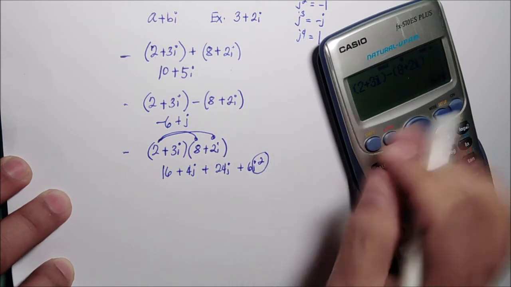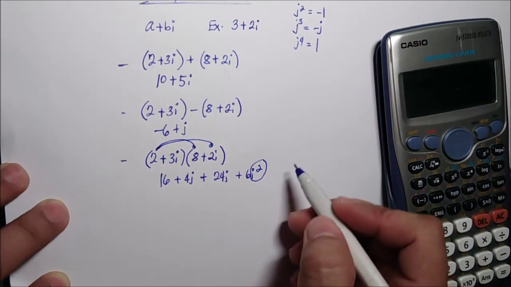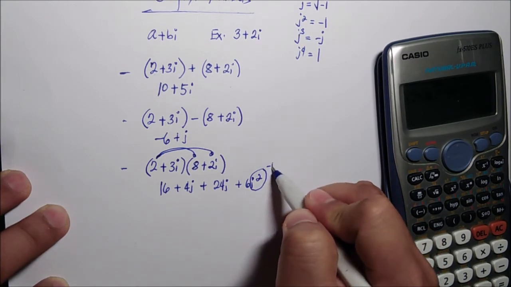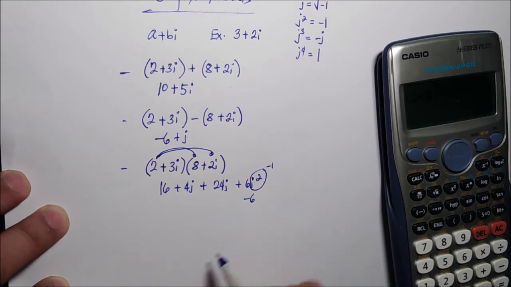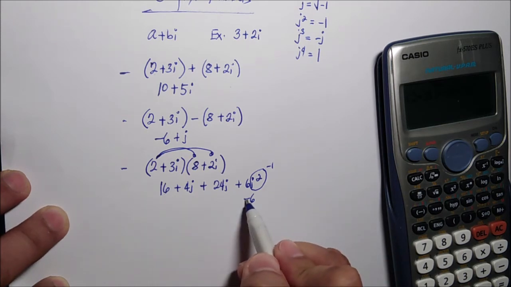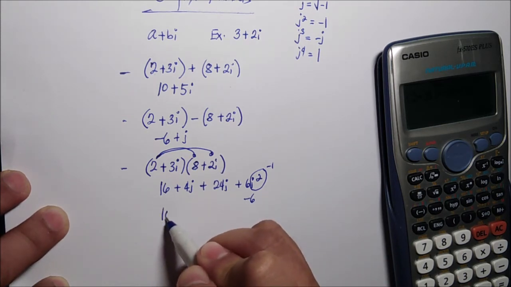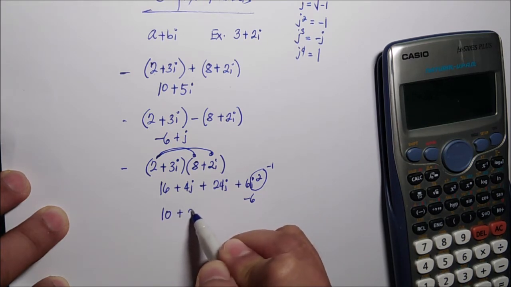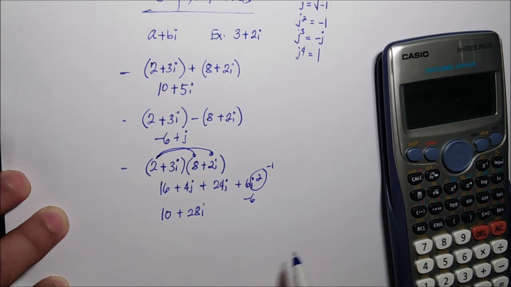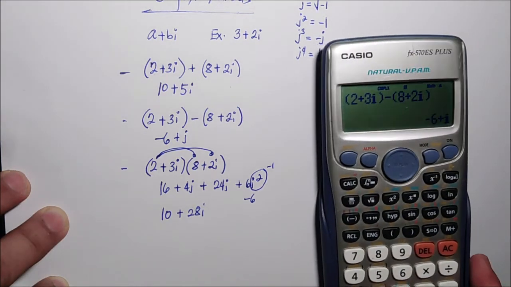Please take note that i squared is equal to negative 1. So 6 times negative 1 is negative 6. So 16 minus 6 is 10. Then we combine the i terms: 4i plus 24i is 28i. The answer is 10 plus 28i.